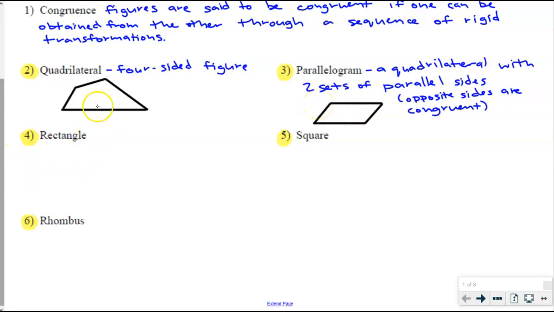A rectangle, and again, I'm going to continue reusing previous definitions. So I'm not just going to say it's a quadrilateral. I'm not going to say it's a four-sided figure. I'm going to say it is a parallelogram, because it is. Opposite sides are going to be parallel.